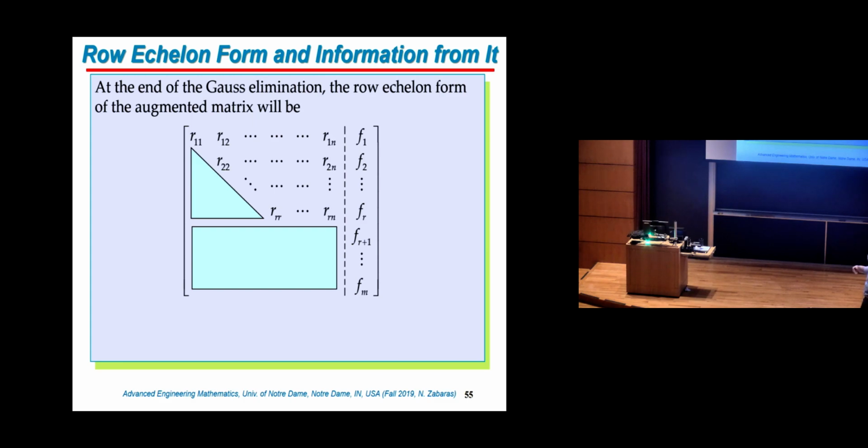So when you do elimination and some rows are linear combinations of other rows, what happens to those rows? They disappear, they become zeros.